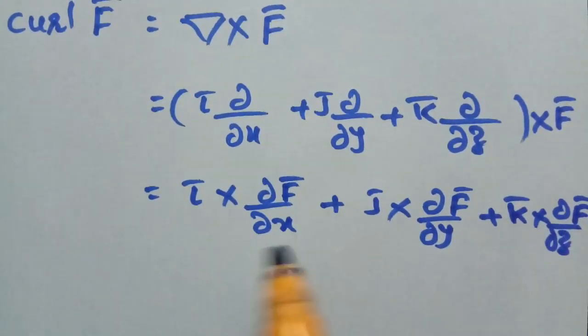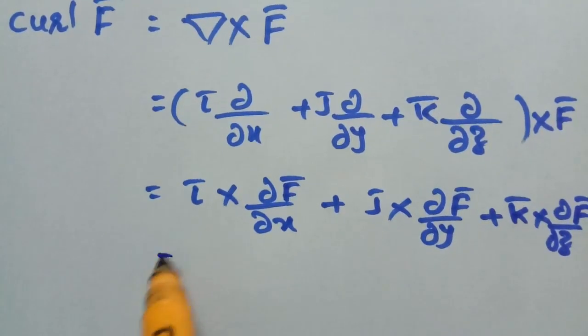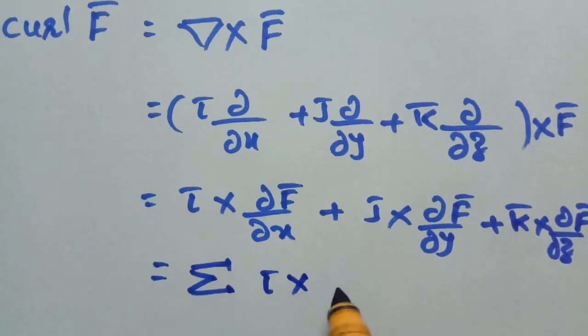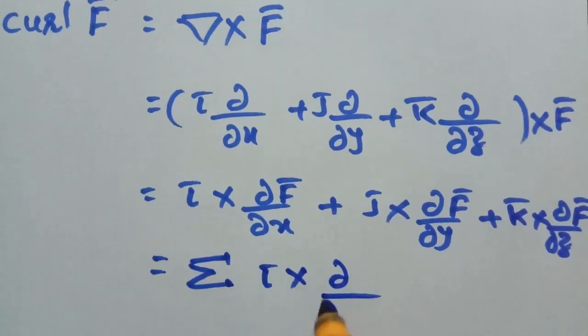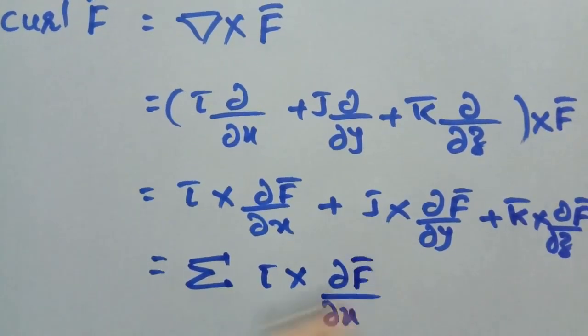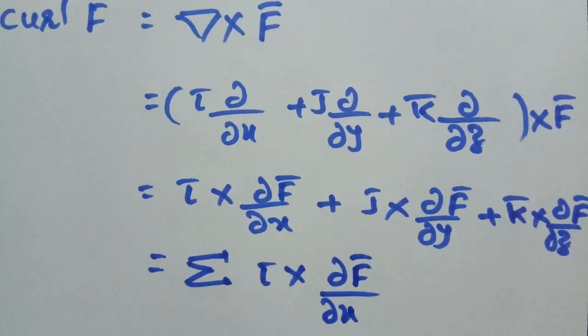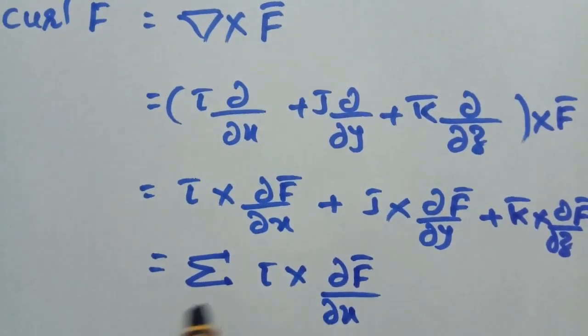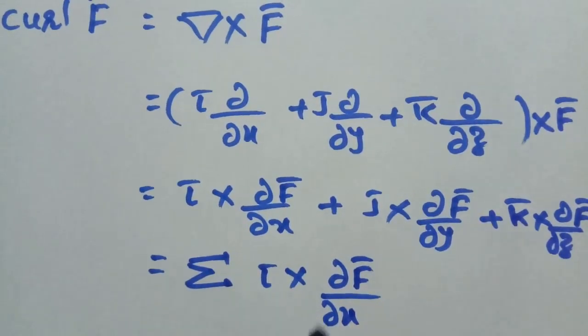Similarly, this can also be written as sigma i bar cross dou by dou x of f bar. Sigma means summation.